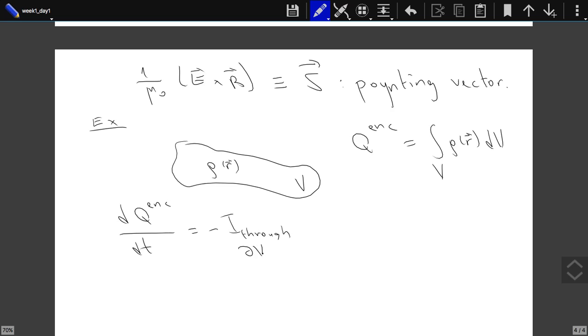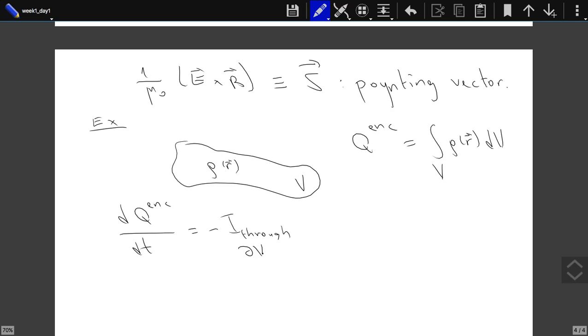Because I prefer to define the current as positive if it is going out of my volume. So if the current is positive, the total enclosed charge will decrease, and the rate of change will be negative. So that's why I put that minus sign.